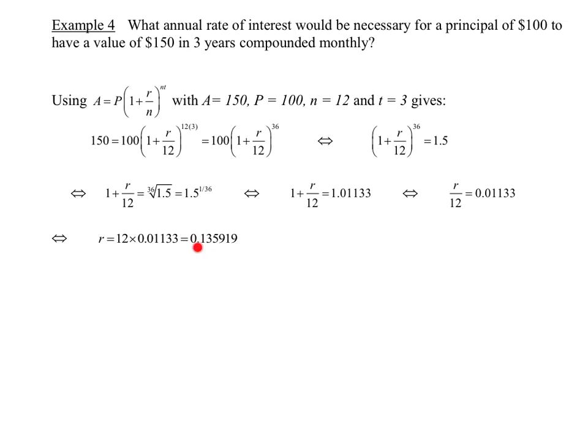This is your interest rate as a decimal. So we would need an annual interest rate of about 13.6%, because this decimal, when you convert it into a percentage rate, would be 13.59, 13.6. Just move the point 2 places.